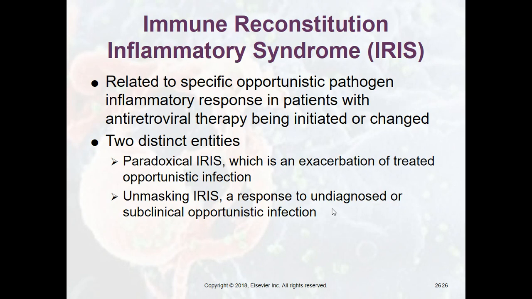Or the other thing that can happen is an opportunistic infection that has not been clinically diagnosed all of a sudden becomes prevalent. That's an unmasking, where it comes to the surface and they start to see symptoms related to that opportunistic infection.